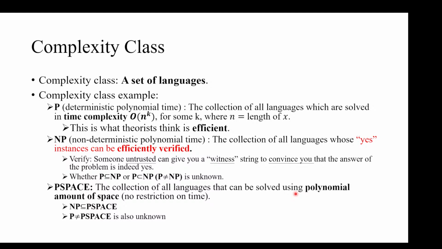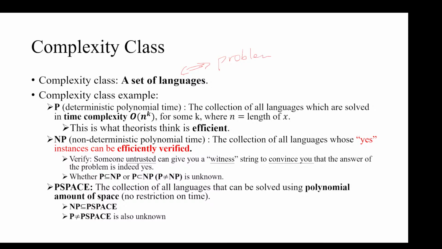Now there are a lot of sets now. We already have a language, a set of strings. And now we have something called a complexity class, which is a set of languages. This is the formal way to define a complexity class, but we really think of a complexity class as a set of problems.